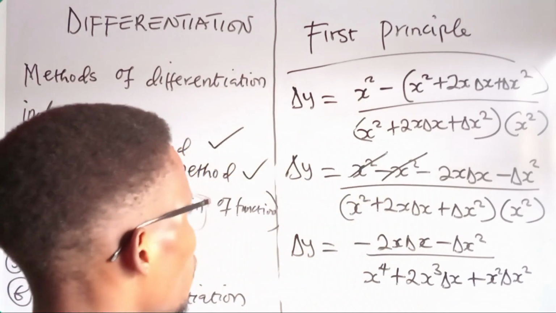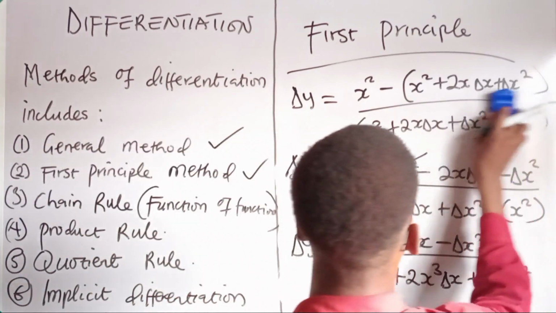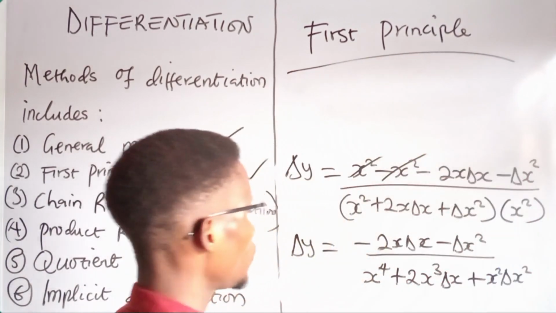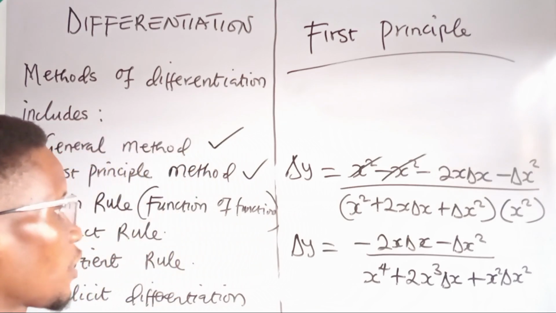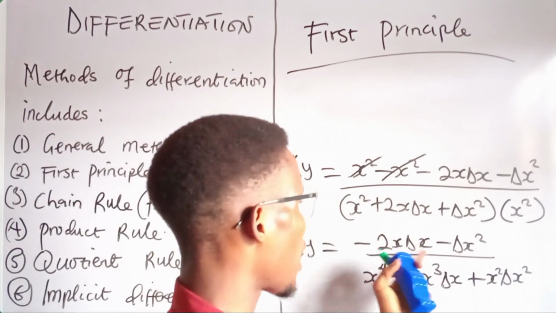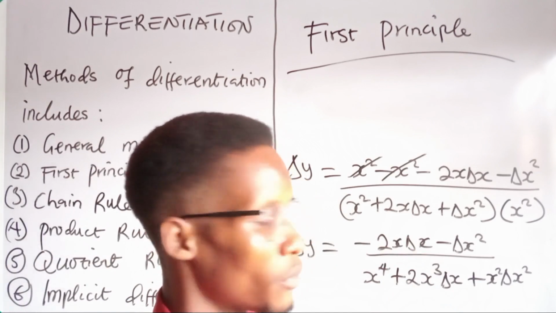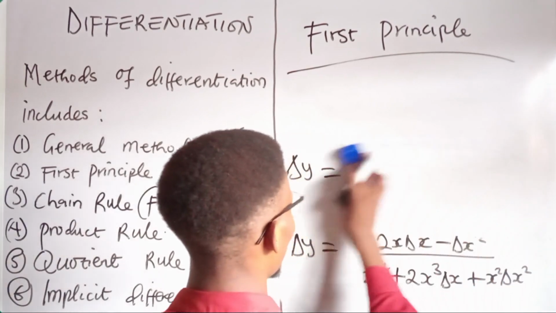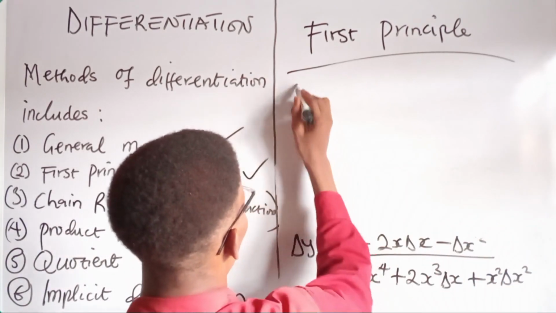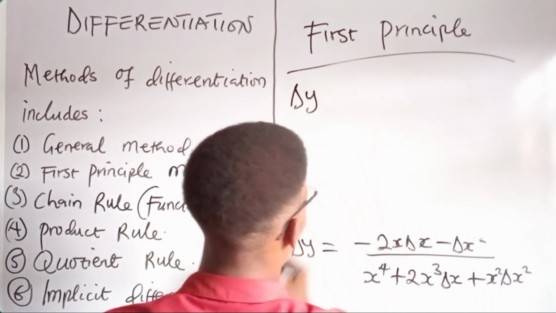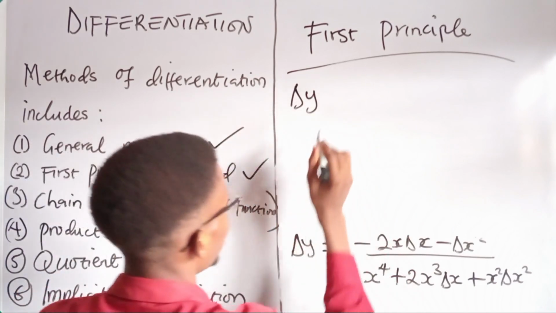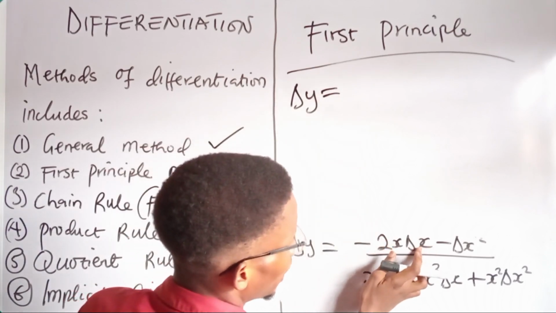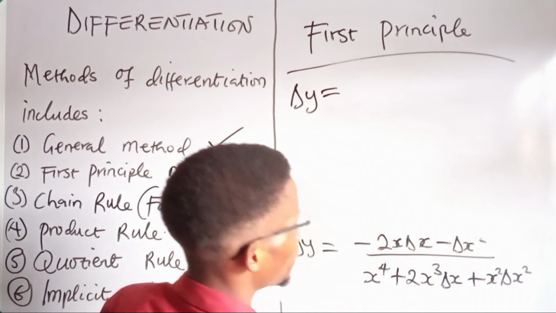Okay, so the next thing you need to do is to factor out what they have in common in the numerator, which will now give us change in y is equal to, they have change in s and change in s in common here.